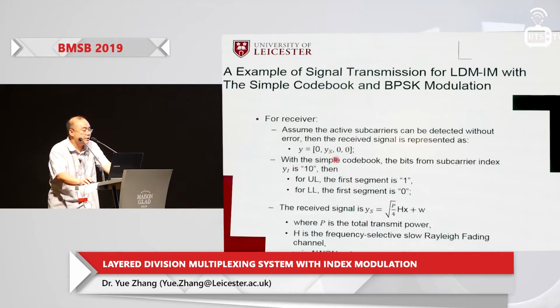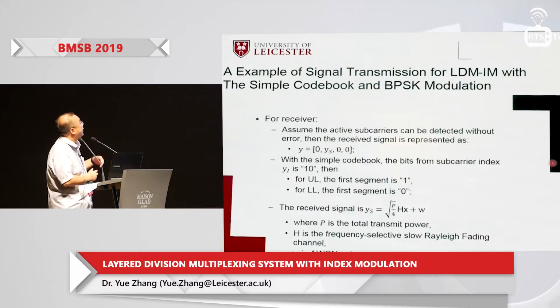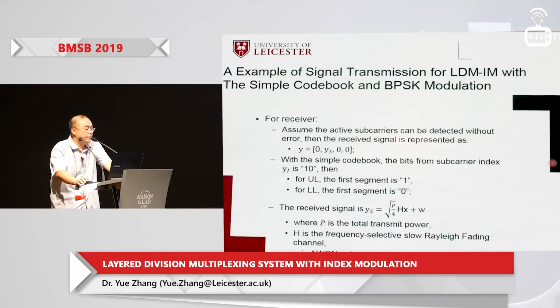Then for the received symbol, you can successfully get the information symbol at the selected channel. When you detect this with the symbol codebook, the bits you get from the index modulation are 1, 0. So before any decoding for the LDM, you already recover 2 bits of information: 1, 0 is the beginning.